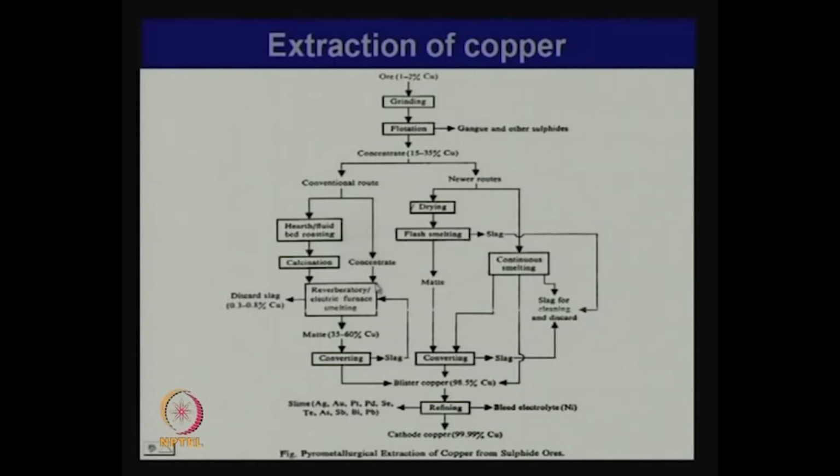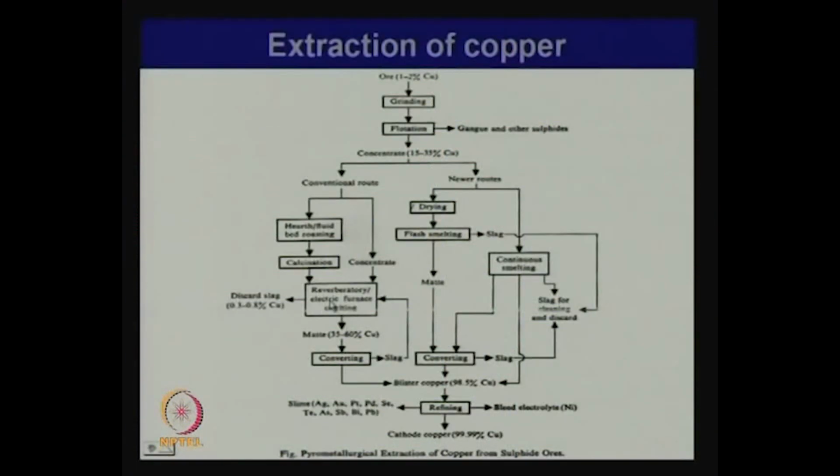The next main phase is reverberatory or electric furnace smelting, where liquid phases are formed. We add fluxes, so that we have a slag.